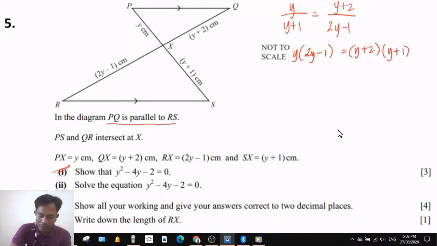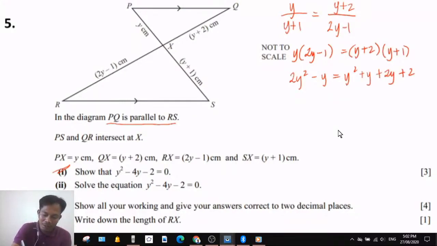Y times 2y is 2y squared. Y times negative 1 is negative y, equals now to y times y is y squared. Y times 1 is y. 2 times y is 2y. 2 times 1 is 2.